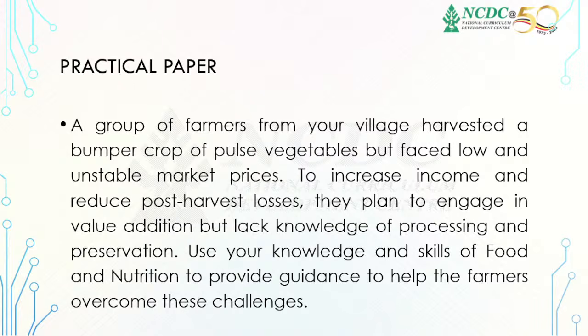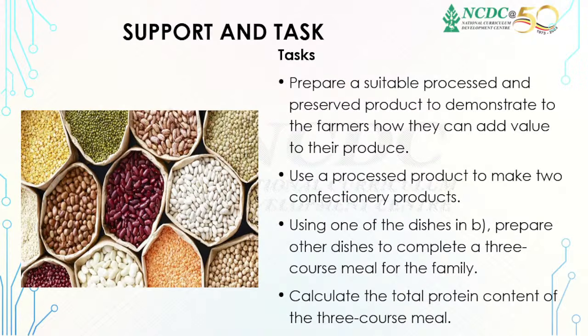Use your knowledge and skills of food and nutrition to provide guidance to help the farmers overcome these challenges. It is again in value addition, but we also have other parts of the item that come with it to complete the practical test.